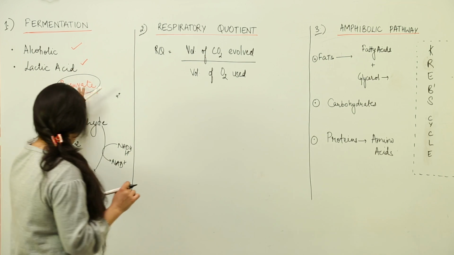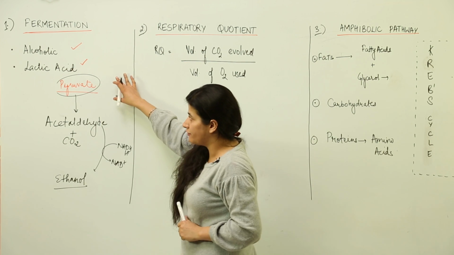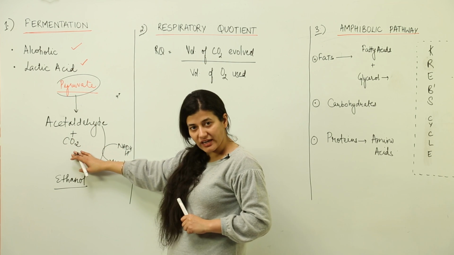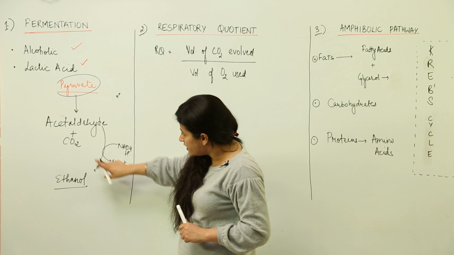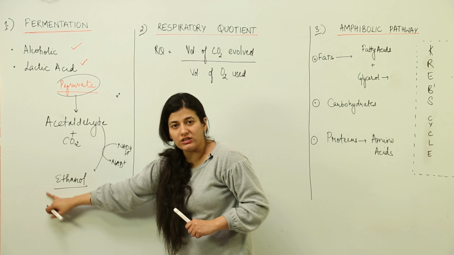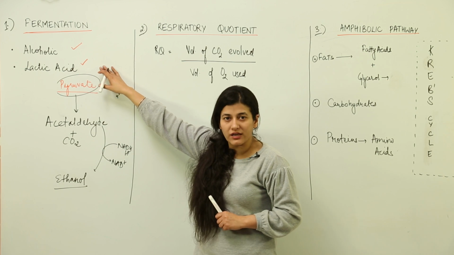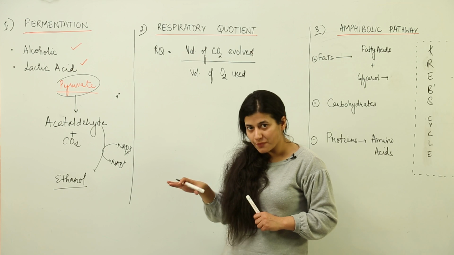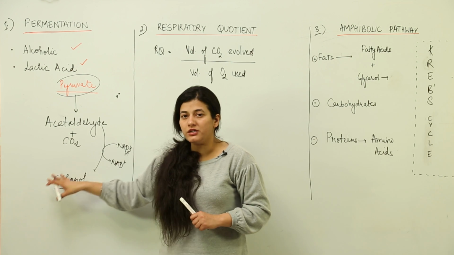Okay, so this is the entire process of alcoholic fermentation, where the pyruvate molecule is getting converted to acetaldehyde with release of one carbon dioxide, and this acetaldehyde further oxidizes NADH and becomes ethanol. This process is known as alcoholic fermentation, and it takes place only if the driving force of oxygen is not present inside the mitochondria, so ethanol would be formed.